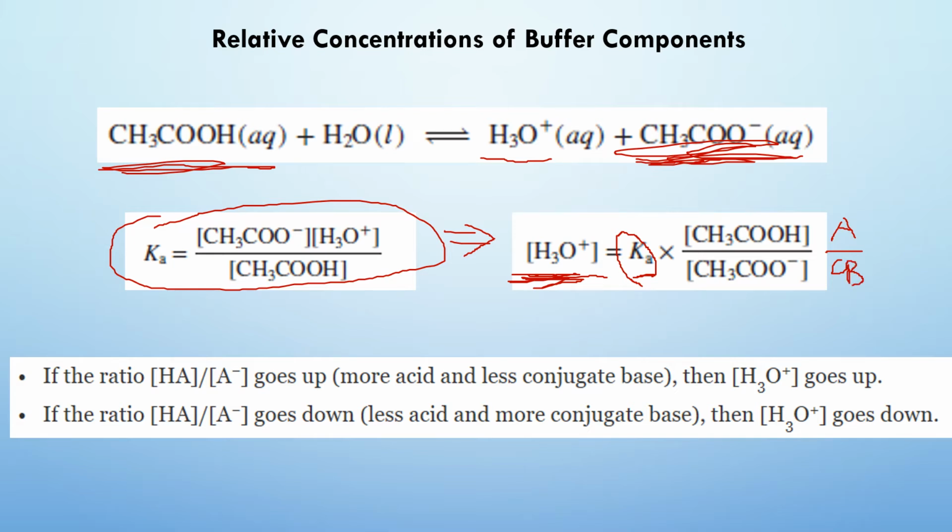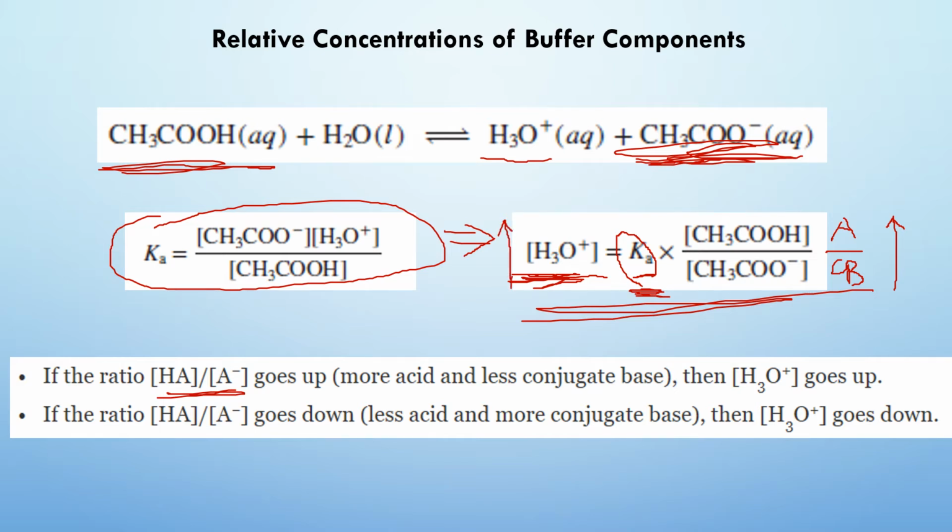Because Ka is a constant, the proton concentration will depend on the ratio of the acid and the conjugate base. So we can draw two conclusions based on this equation. First, if this ratio goes up and the Ka is a constant, that means the proton concentration will also go up.